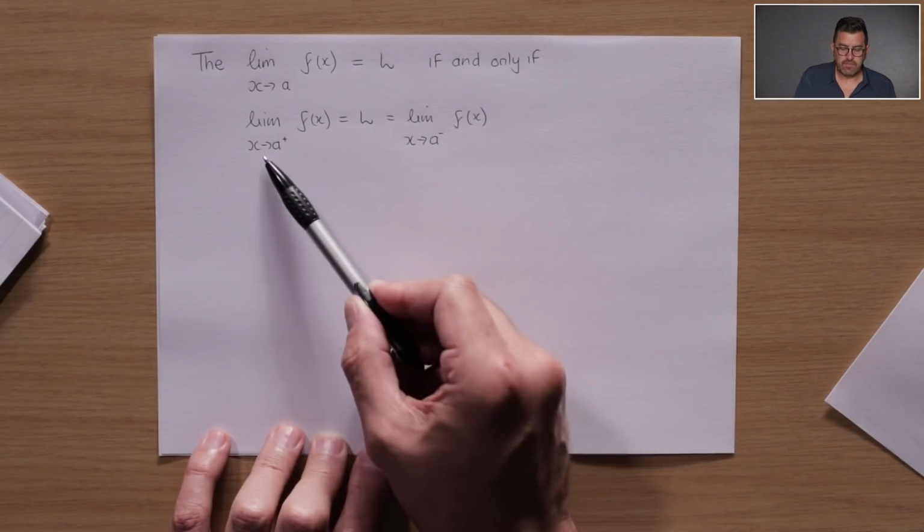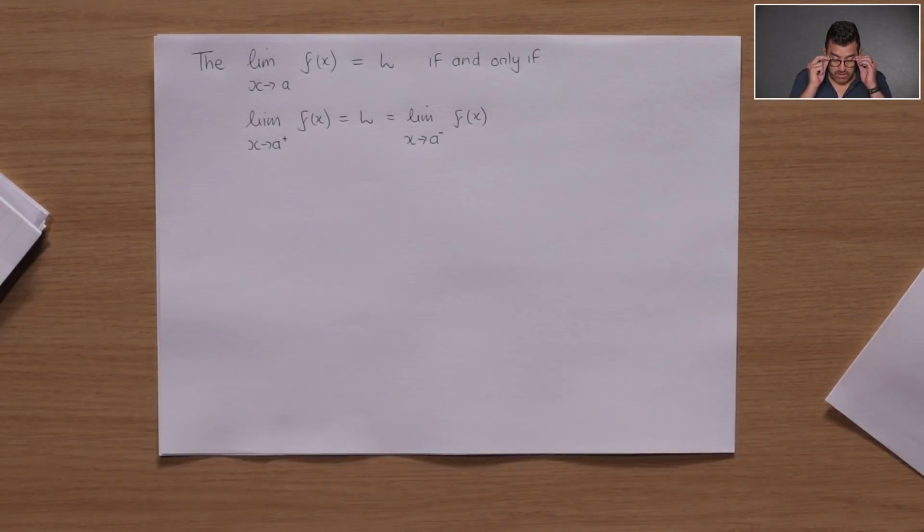So as x is approaching a from both sides, the two limits are approaching the same value.